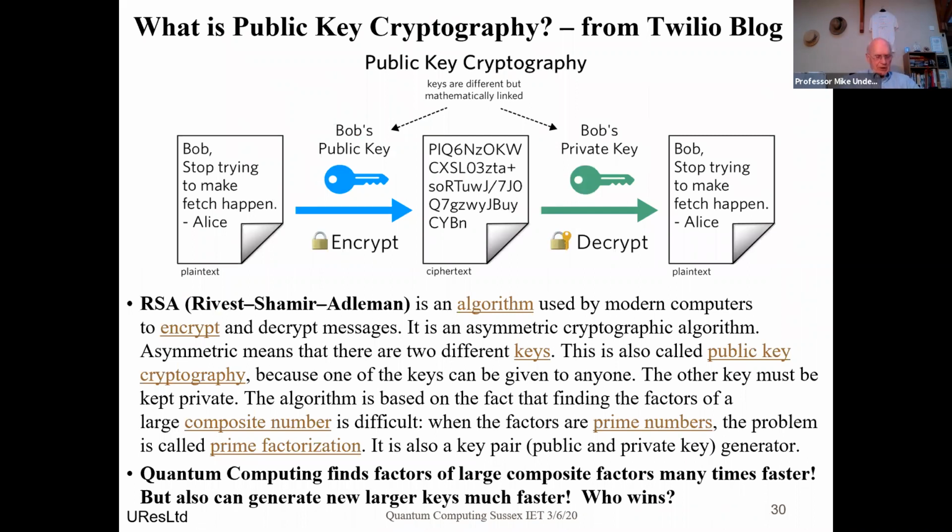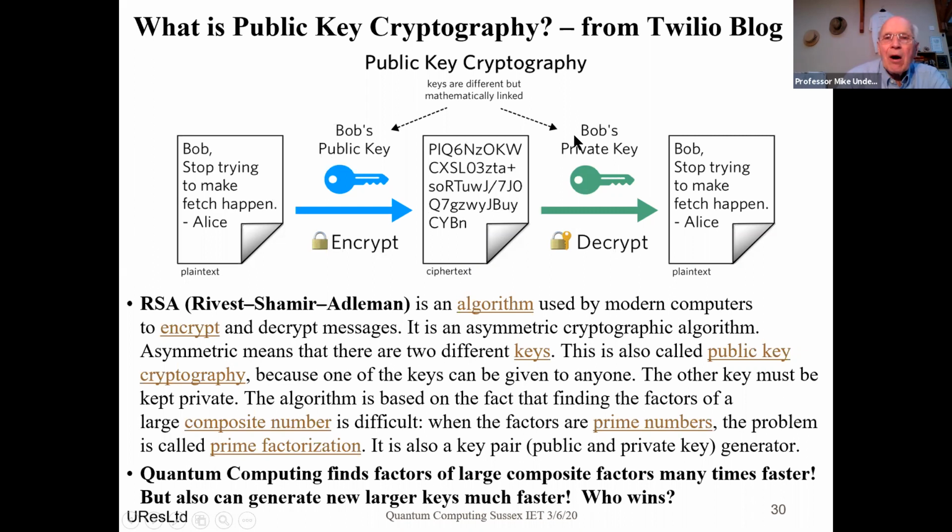Now, let's move on. Public key cryptography. This is basically one of the applications that all this quantum computing can be used for. What it means is that we have Alice wanting to send a secret message to Bob. So she has Bob's public key, as everybody else has, and she encrypts her message with that, and it comes out in this jumbled form in the middle.